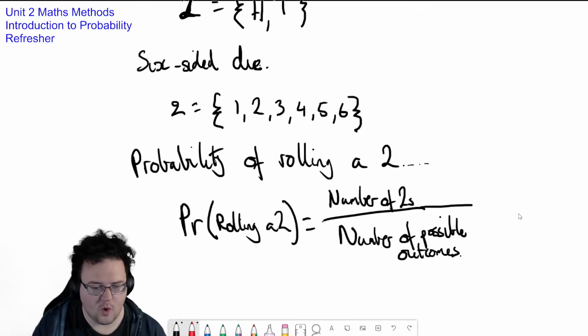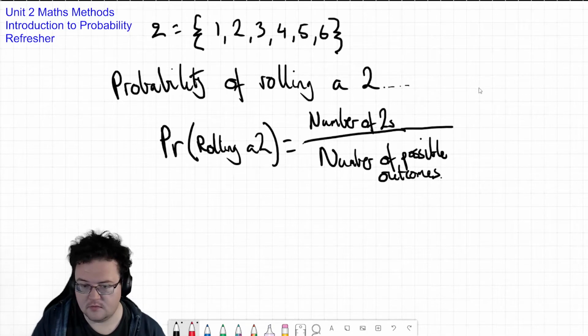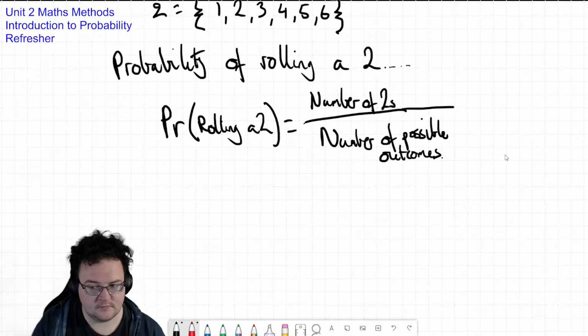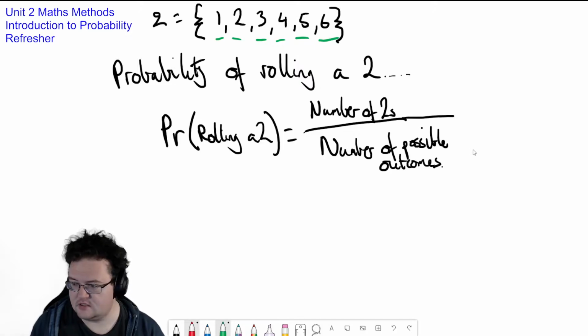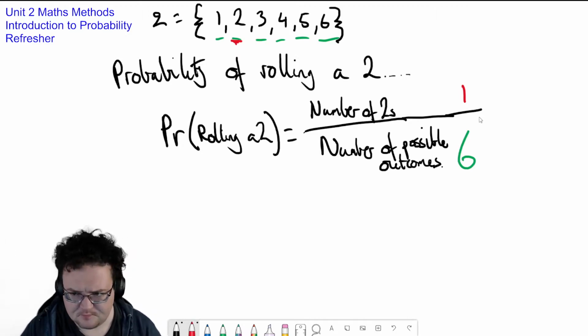So if there's only 1 two on the die and there are 6 possible outcomes, the probability of rolling a 2 would be, well, there's 1 2 3 4 5 6. So there are 6 possible numbers. I only care about a 2. So my answer is 1 out of 6.